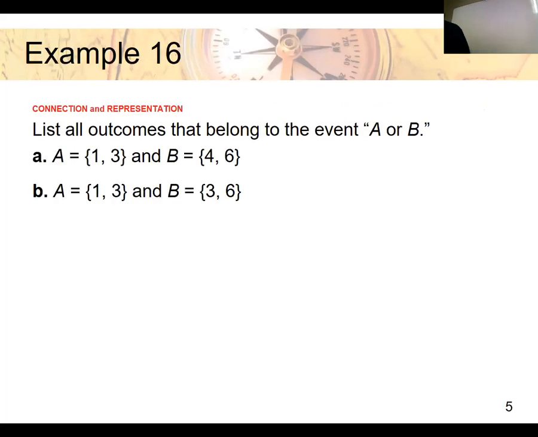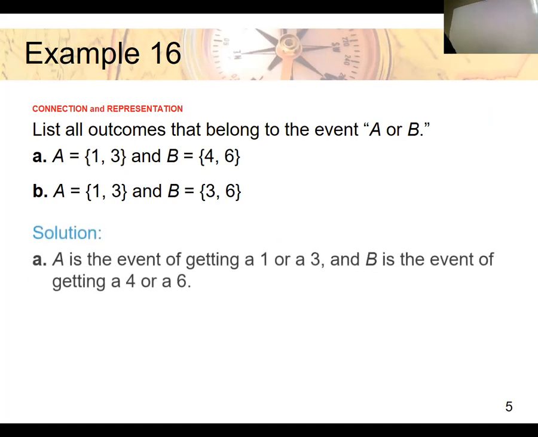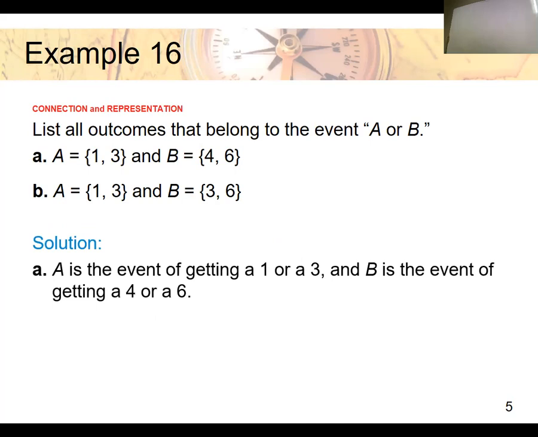Okay. So in this example here, let's say I want to list all the outcomes that belong to event A or B. So in part A, I got event A with the elements 1 and 3, and B with the elements 4 and 6. Okay. So what that means there is this. A is the event of getting a 1 or a 3, and B is the event of getting a 4 or a 6.